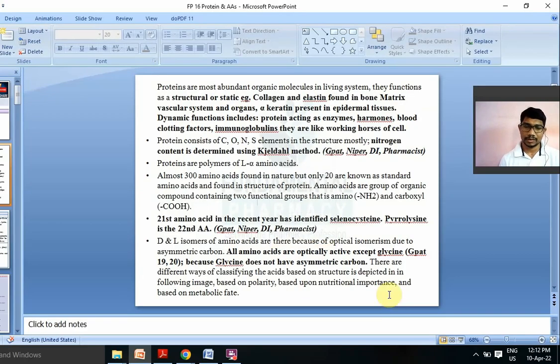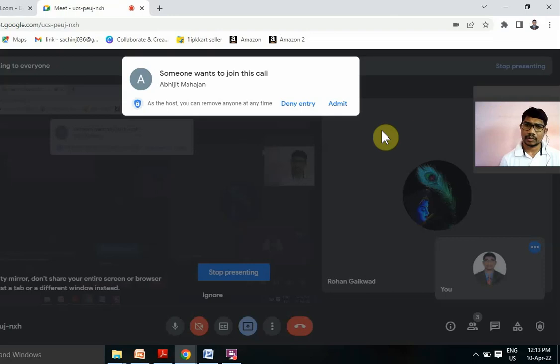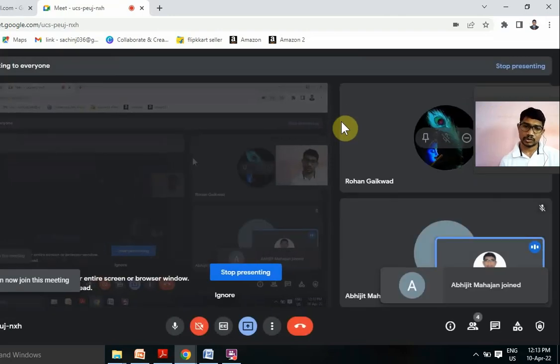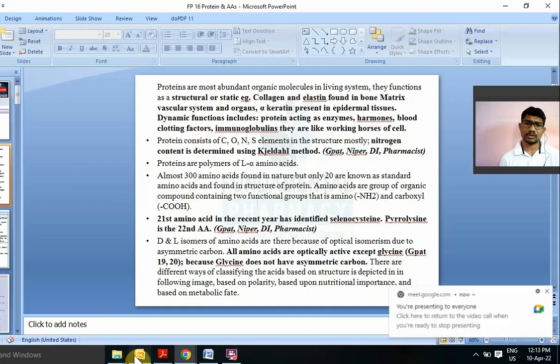Sulfur is found in a very small amount, so you can say 1%. Hydrogen is present in 7 to 10% concentration.